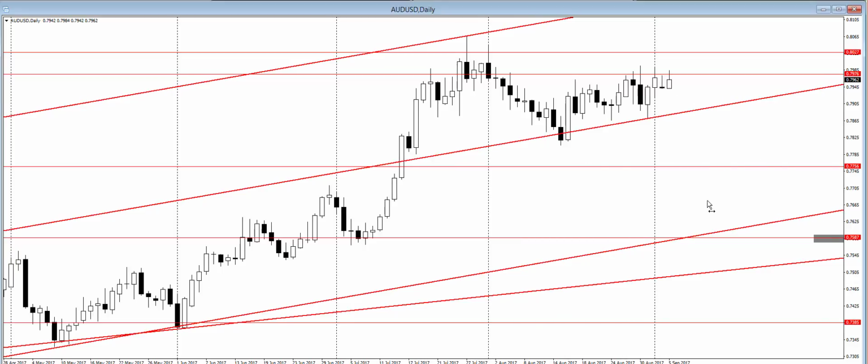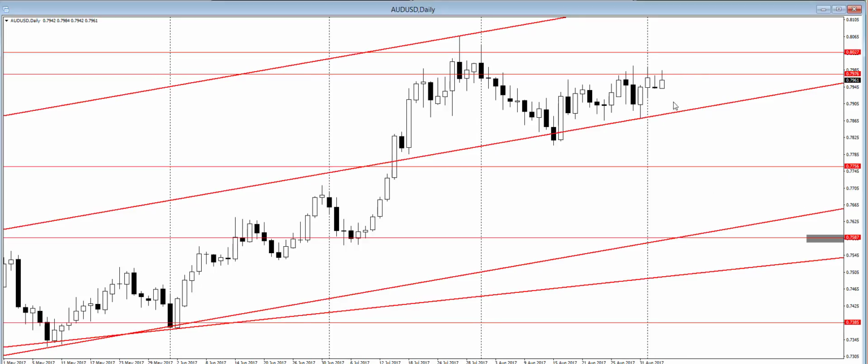I have marked an area of preference of trade right now. It's at about 0.7587. So this is where I think, if it does come down, is a place for me to hunt for buys. Okay, so we have to wait a bit.